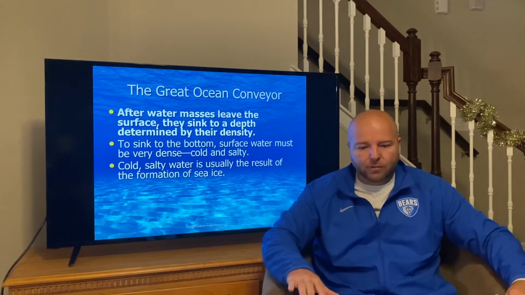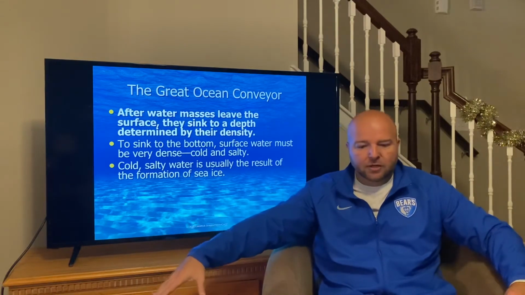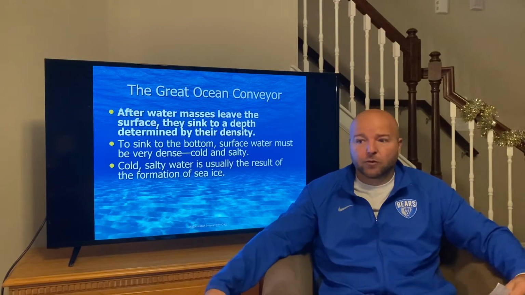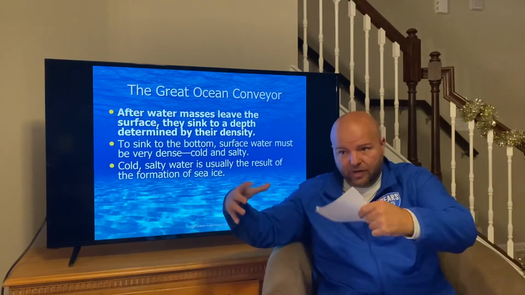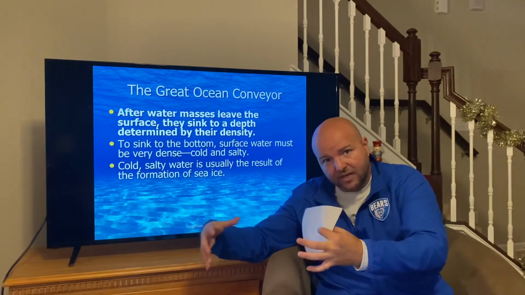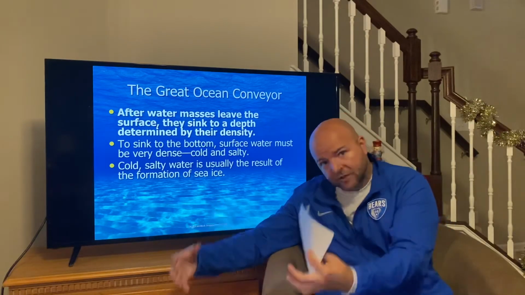So after water masses leave the surface, so we've got our downwelling, they're sinking down deep to a depth that's determined based on their density. So whatever point that layer of water is no longer more dense, then it's going to settle in. If it's the most dense water in that area, then it will sink all the way to the bottom.